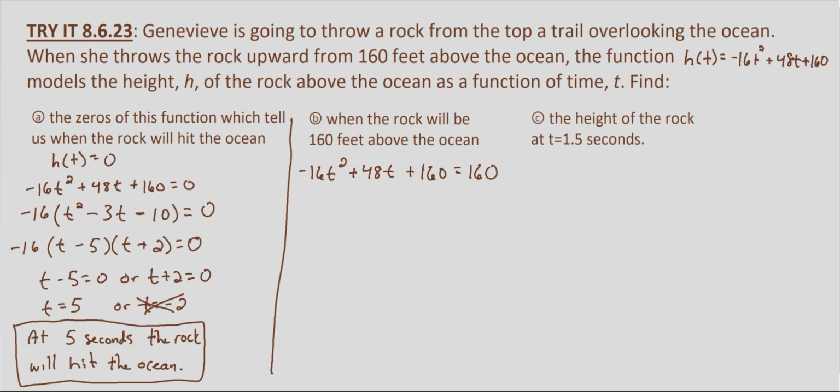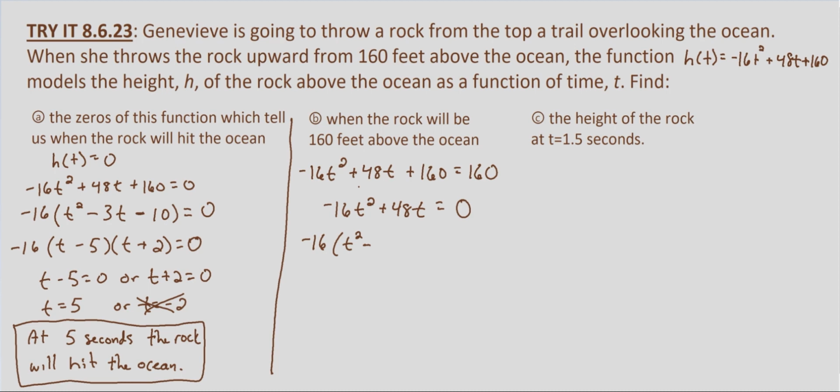If we subtract the 160 from both sides, that leaves us with -16t² + 48t = 0.